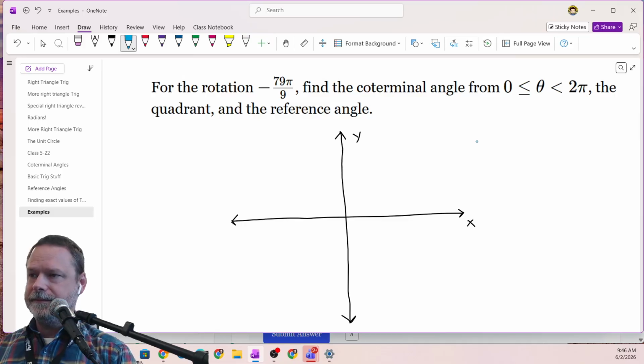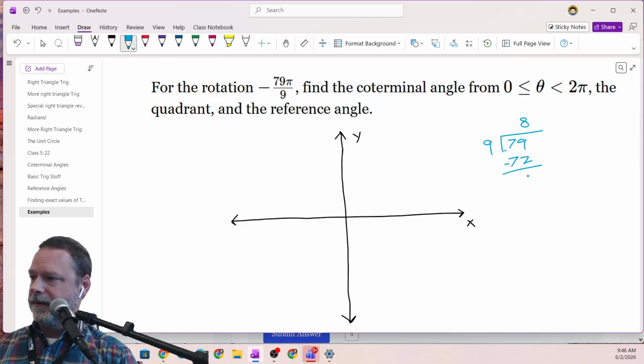So let's just make this a mixed number. 79 divided by 9, how many times does that go in there? Well, I think it's 8. 8 times 9 is 72, and we got 7 left.